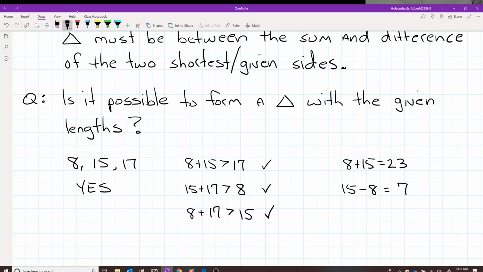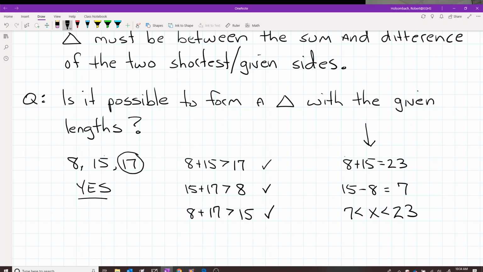What that means is that the range of values for the third side of a triangle with sides 8 and 15 is between 7 and 23. So is this third side between 7 and 23? 17 is between 7 and 23. So yes, those lengths form a triangle. You can use either method. I think this method is faster once you get used to it.